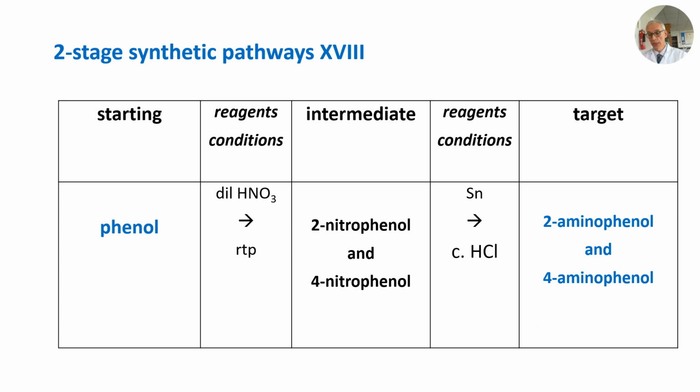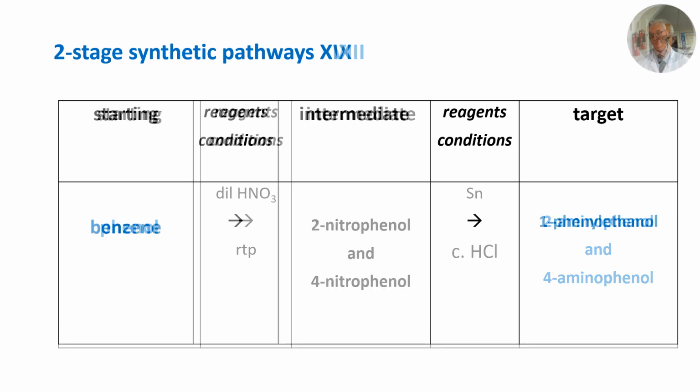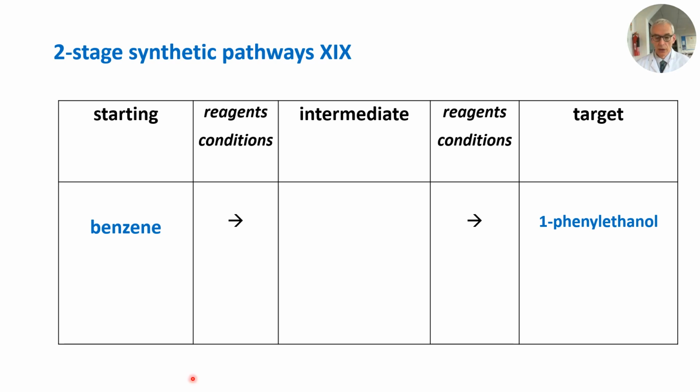Okay, so number 19. So let's try benzene to 1-phenylethanol. The first thing you need to do really is to get the structure of 1-phenylethanol correct.